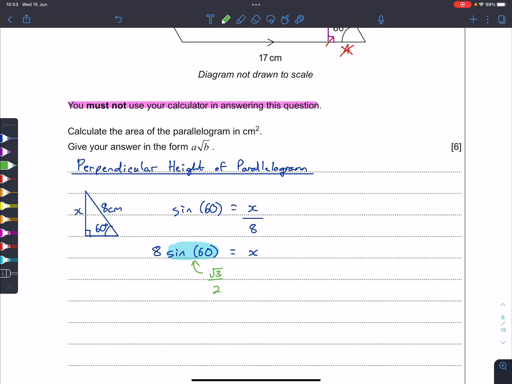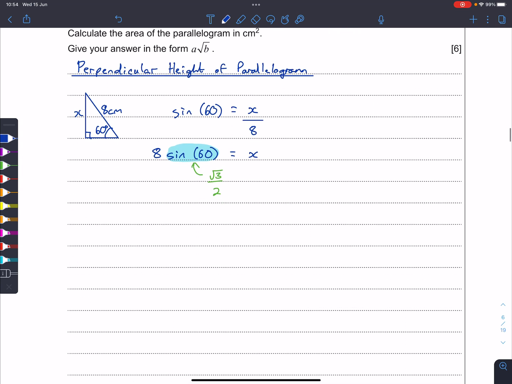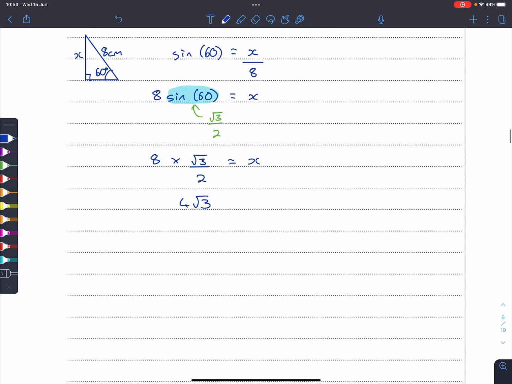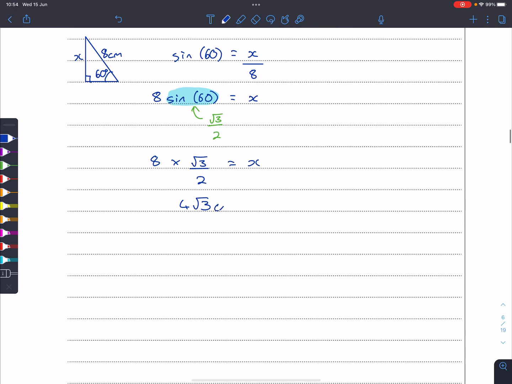In an ideal world, you learn those values. If you can't remember them, you could always go about it this way. So this becomes 8 times root 3 over 2, our value for the height. So that is 4 root 3. And it is in centimetres, so 4 root 3 centimetres equals x.